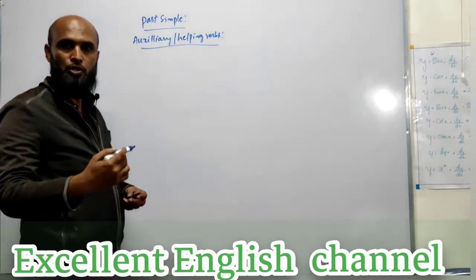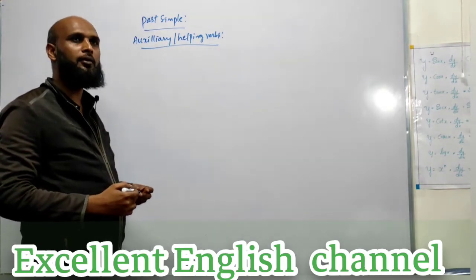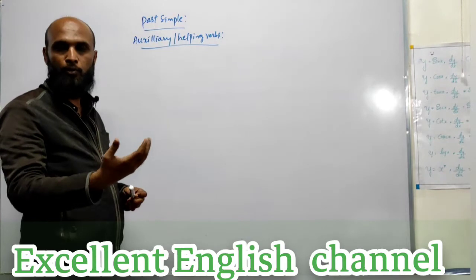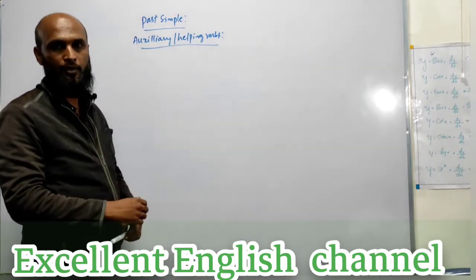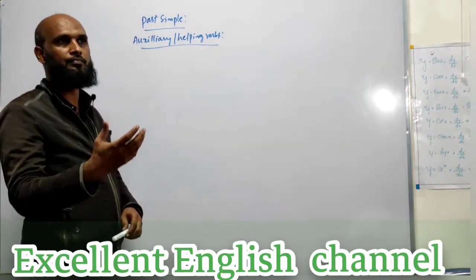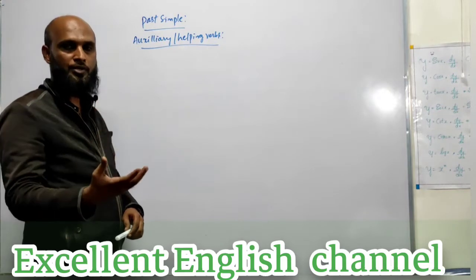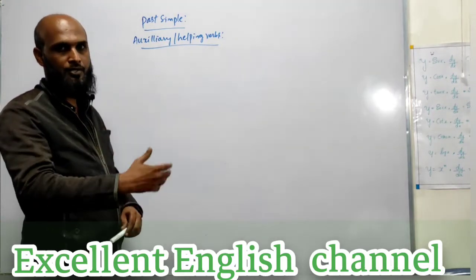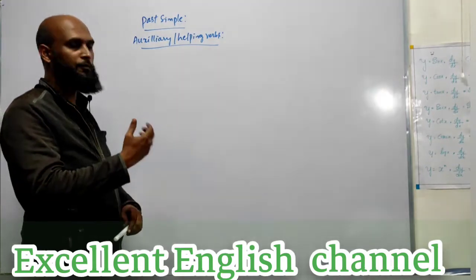If you want to know more about verbs, you can check my previous videos on the channel. I'm going to share the link in the description, where you can click and it takes you directly to the video.